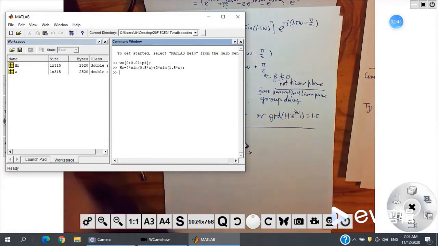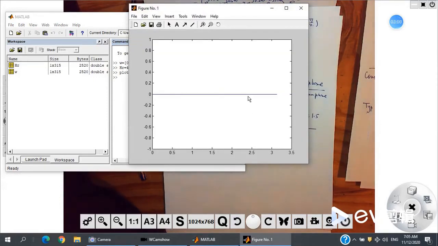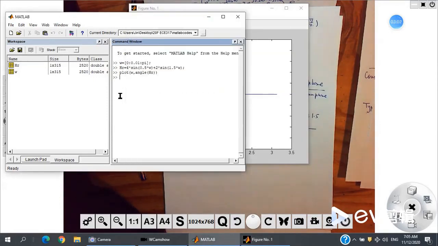Then, okay, just plot omega and the angle of HR. I guess I'm wrong. Oh, omega, sorry. What is omega? Omega is a vector, right?